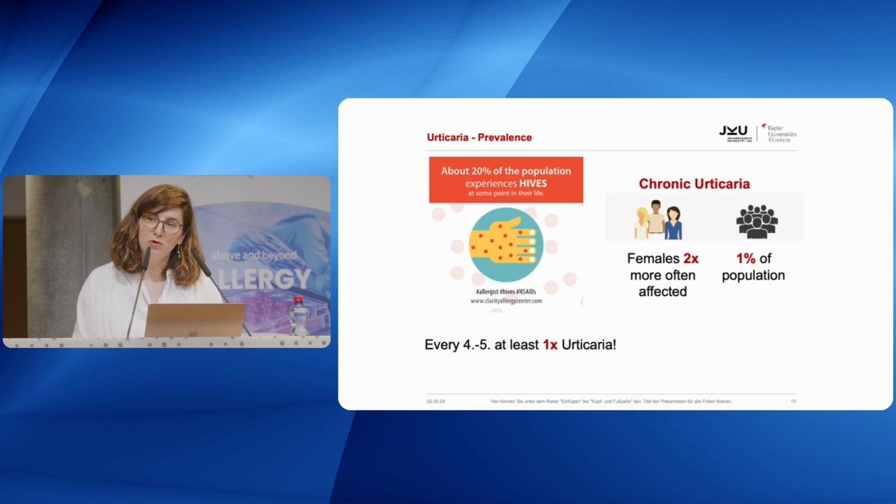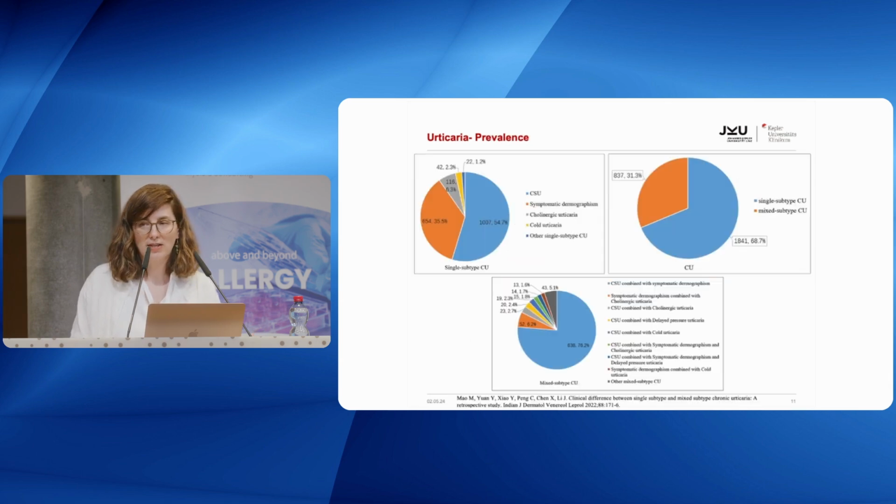Who is more prone to develop a chronic form, which lasts more than 6 weeks? Females are affected twice as often as men, and because it is so frequent and chronicity can happen, about 1% of the population is thought to be affected by chronic urticaria.